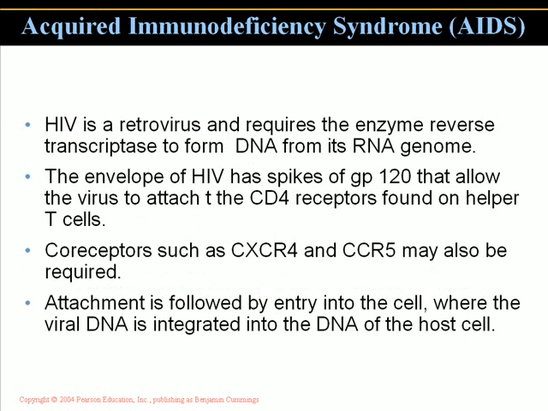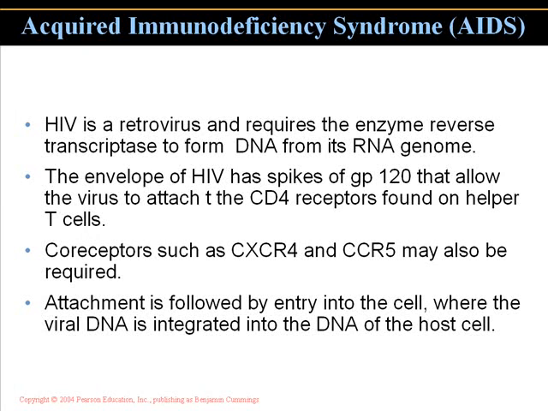HIV is a retrovirus. It requires an enzyme, reverse transcriptase, to form DNA from its RNA genome. You're already familiar with that. The envelope of the HIV has spikes, the GP120s, which I showed you in an earlier illustration, that allow the virus to attach to the CD4 receptors found on the helper T cells. It's important to recognize this, and again, this is a review from the video you studied in the lab.